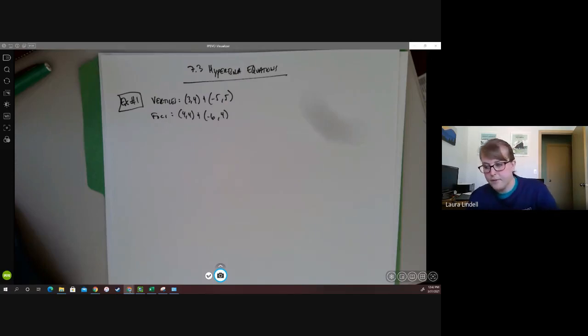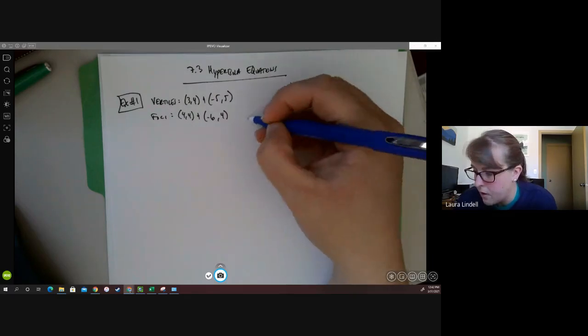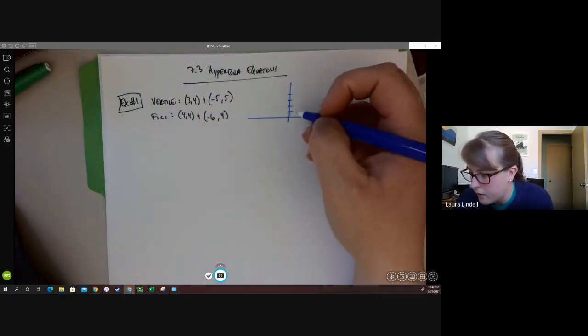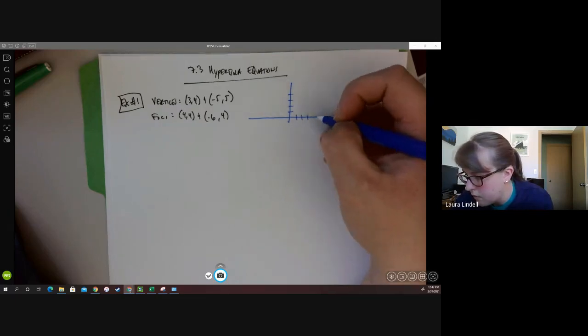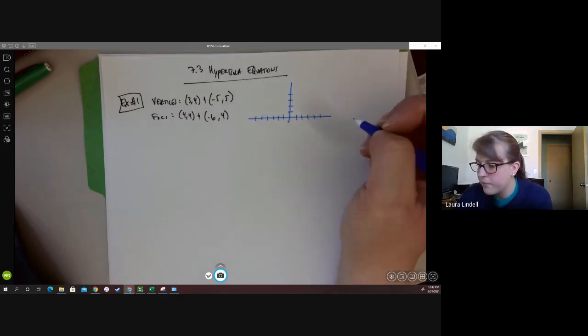All right. So just like we did when we were working with ellipses, if you're given information like this, it's a good idea to graph that so you can see what we're working with here. So I would probably start by going 1, 2, 3, 4. 1, 2, 1, 2, 3, 4, 5, 6.